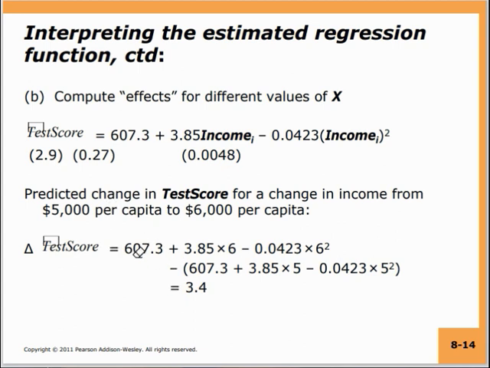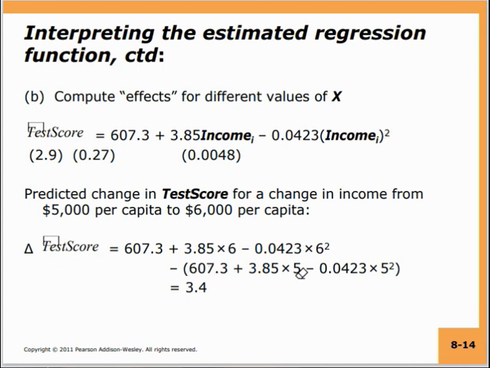So what you do is you put in these values. In the district with higher income, this is what your estimated test score will be: 607.3 plus 3.85 into 6, income being in $1,000 per capita, that is the unit, minus 0.0423 into 6 square because income square.